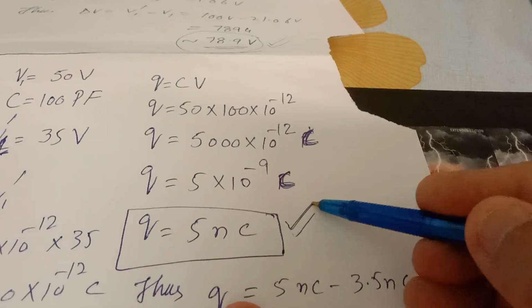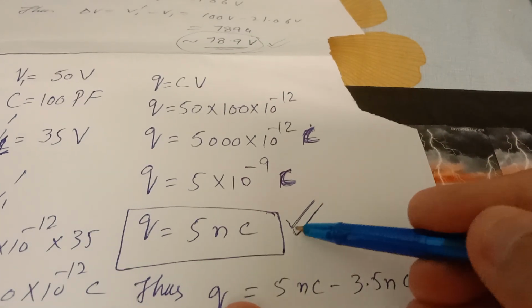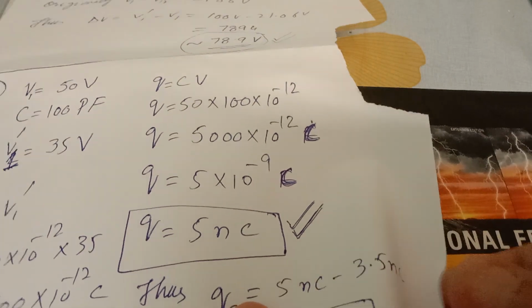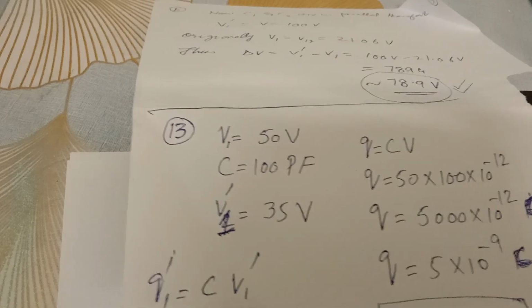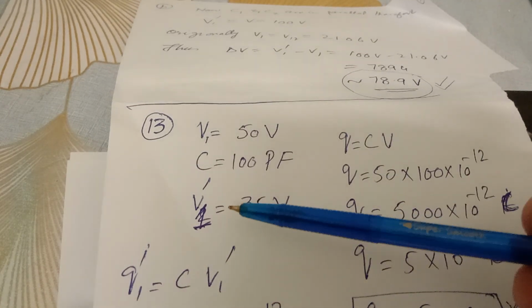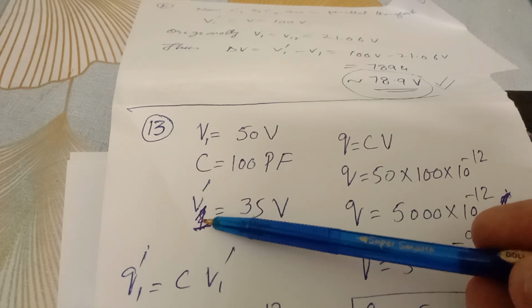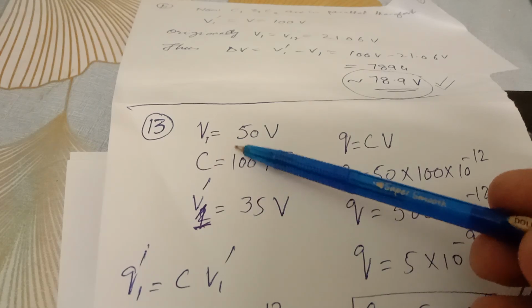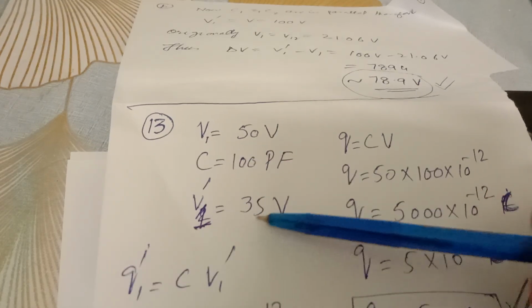Now this battery is removed and this capacitor is connected in parallel to another capacitor which is initially uncharged. After the battery is removed and the capacitor is connected with another uncharged capacitor, the potential on this capacitor C1, which is the initial capacitor, drops to 35 volt.